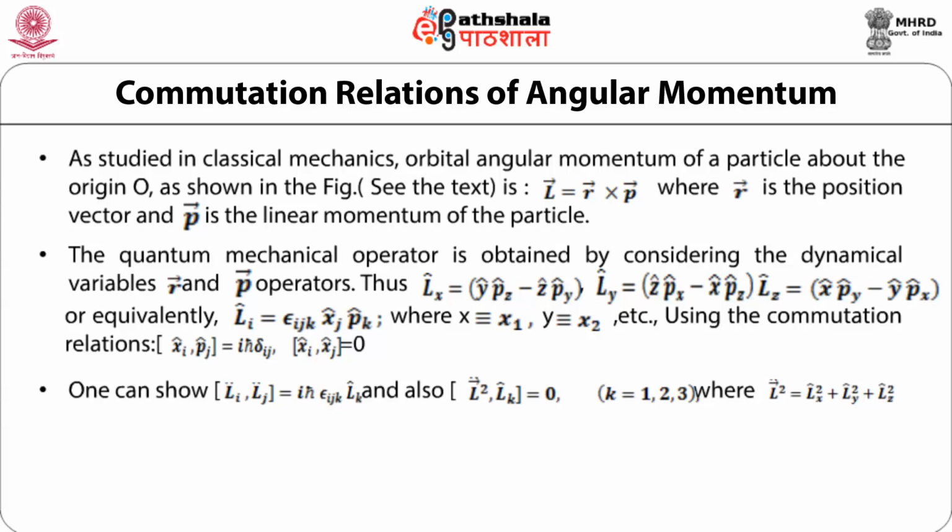Thus, from these relations, one can show that the commutation relation for the operator x subscript i and the operator x subscript j is equal to 0.